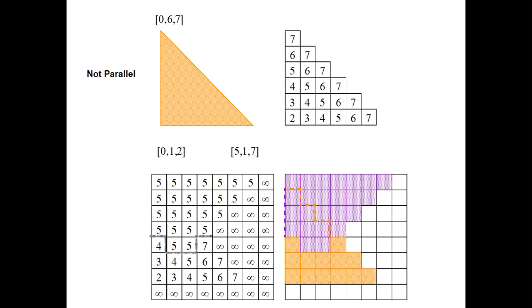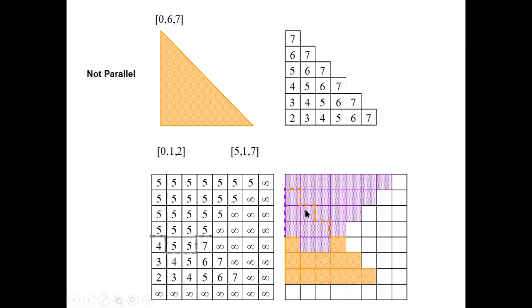If it is less, replace it. If it is not less, just retain the infinity, the highest value. Next, once you are done with the depth buffer, go to the screen buffer. In the screen buffer, whatever is the value of the depth buffer, you write the corresponding pixel. Keep on doing this for all the pixels.